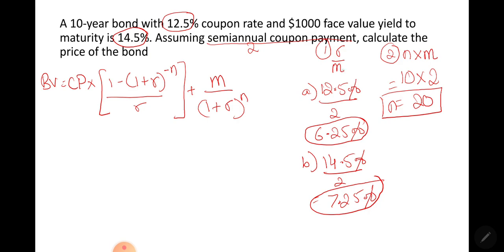Do not confuse this M with this M. This M is representing the compounding periods and this one is representing the maturity value, par value, face value.